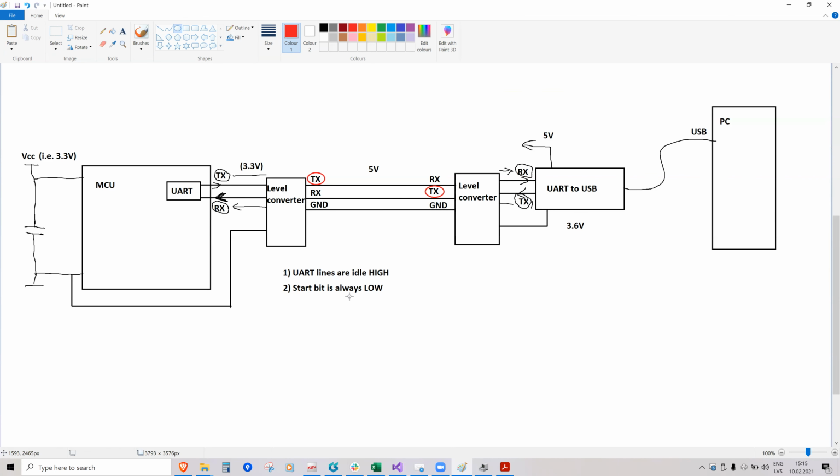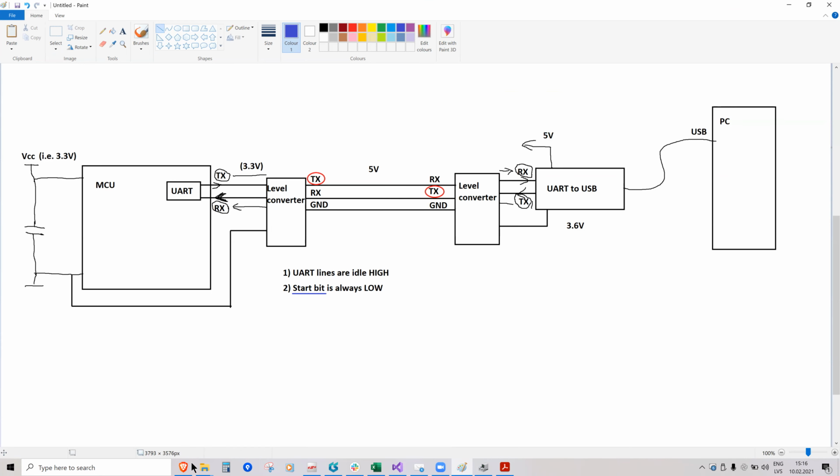So UART lines are idle high so that the device can detect that it has been connected to something or that something has been connected to it. Okay, as a result, first bit is always 0 and it's called start bit. So all messages start with a bit which is called start bit.